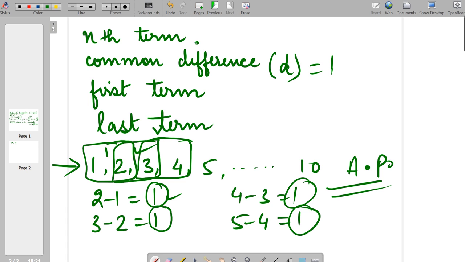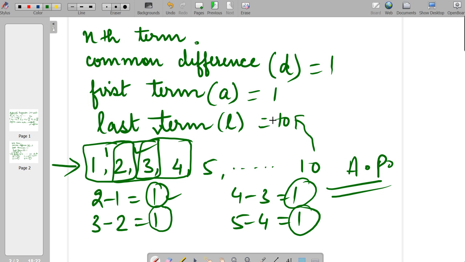So to check it, obtain the common difference for at least 4 sets of values, so that you are sure the given series is an AP series. Now, what is the first term here? Your first term is 1. The first term is denoted by A, and in our case it was 1. The last term is denoted by small l, and in our series it was 10.